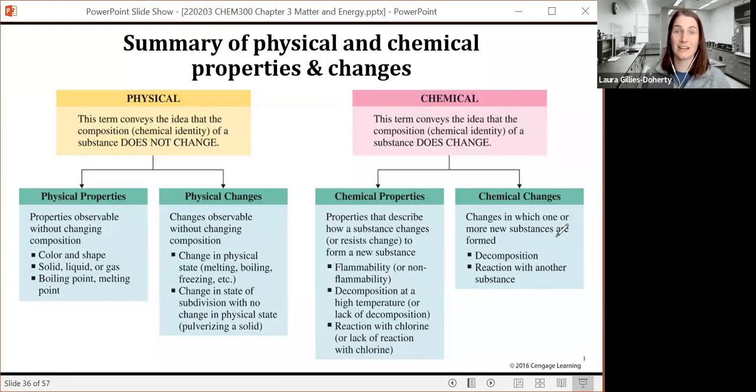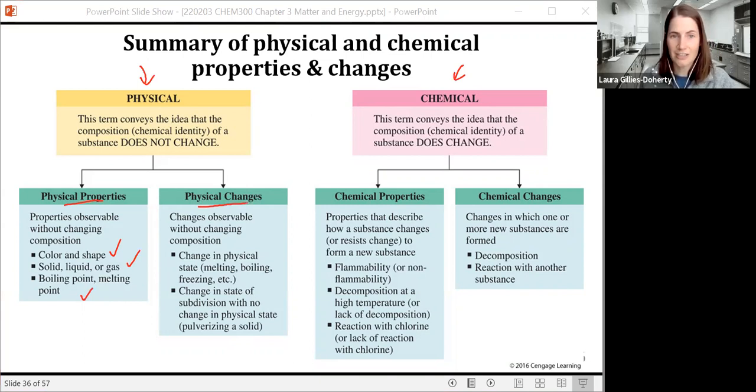So here's a summary of physical and chemical properties and changes. You have everything physical on the left side, everything chemical on the right. The term physical conveys the idea that the composition, the chemical identity of a substance does not change. So we have physical properties, properties that are observable without changing composition, like color, shape, physical state, boiling and melting points.